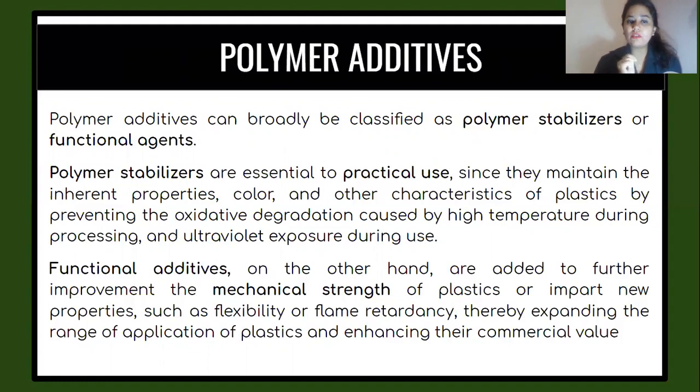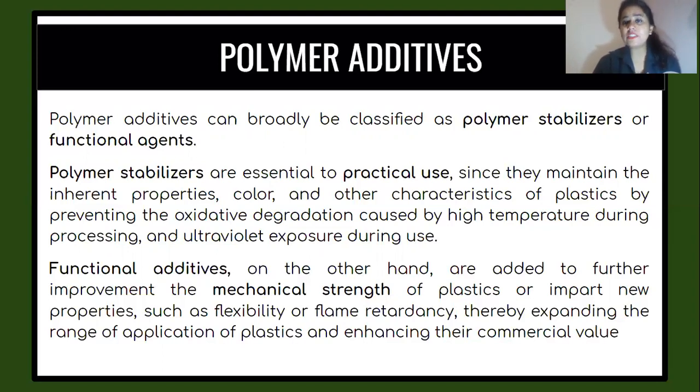The second polymer additive we have considered is the functional additives. What is the use of functional additives? They help in increasing the mechanical strength of the plastics, and give new flexibility, flame retarding capacity, and a range of operation, enhancing the commercial value. What do I mean by commercial value? Nowadays newer types of plastics are available which are microwave and oven safe.